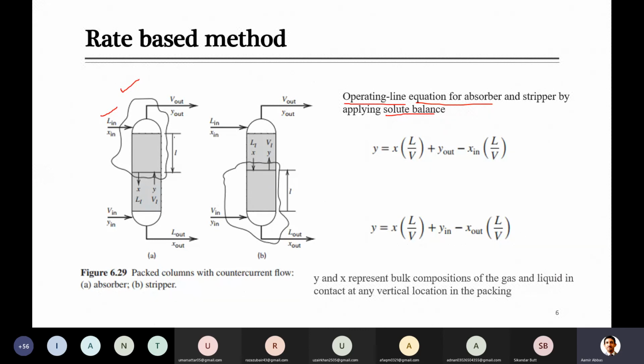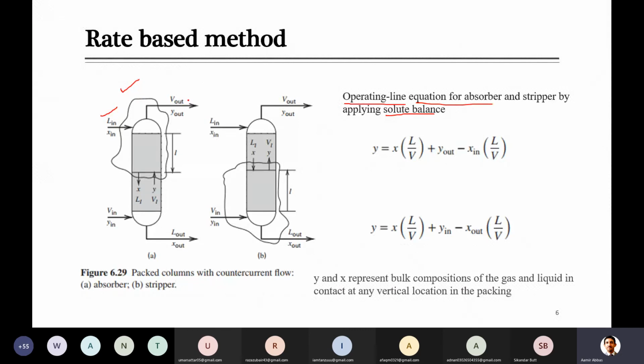We can write this is equal to the outlet, because here again we are not considering any reaction, only physical absorption. Liquid and vapor are coming in contact, so simply the material balance will be inlet is equal to outlet. So for outlet, here we have one liquid leaving from here, X, with a liquid flow rate leaving from this length L, and vapor leaving with Y out, V out.